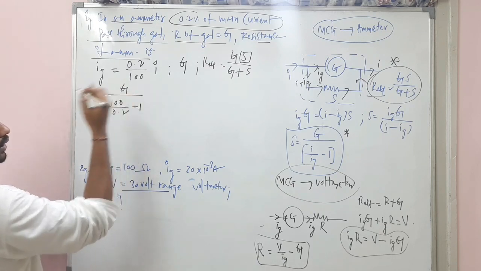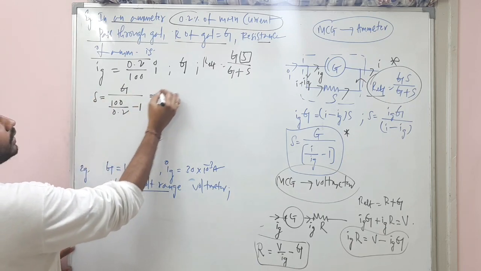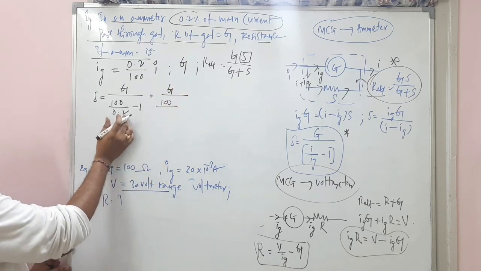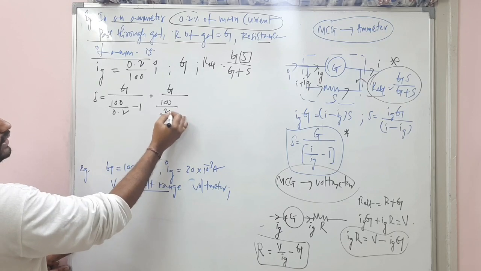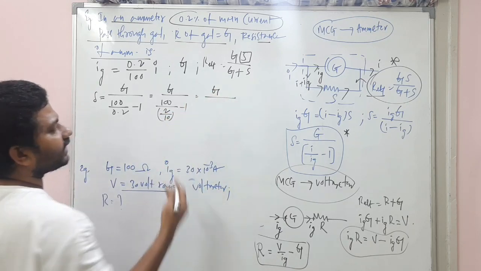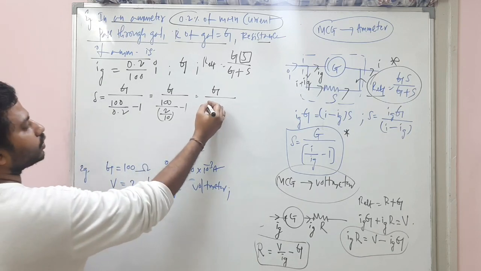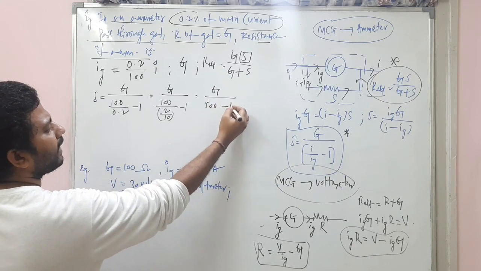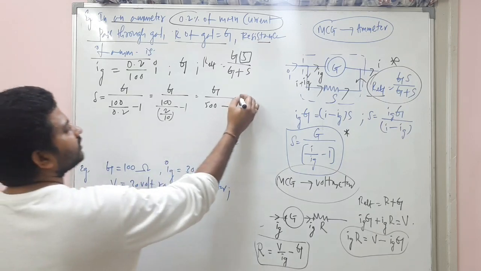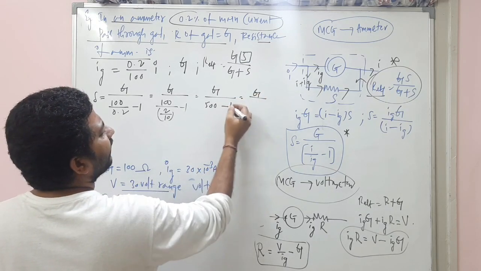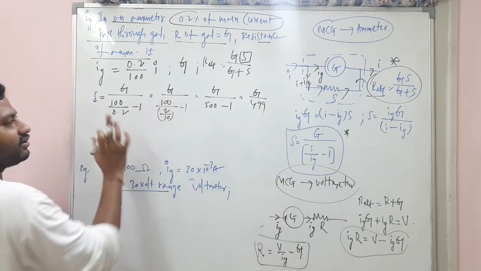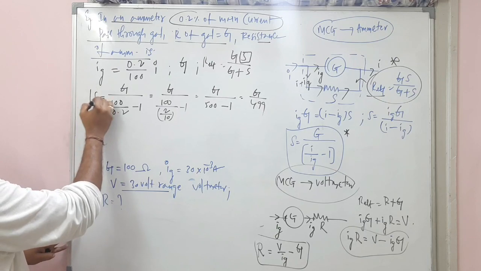So G divided by 100 by 0.2 minus 1, I can write 1000 by 2, which is 500 minus 1. Understand? Clear? So this is G by 500 minus 1, it's G by 499. So this is not the answer, this is the shunt resistance.